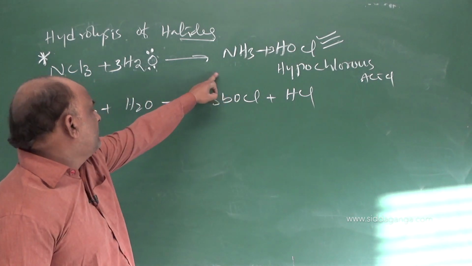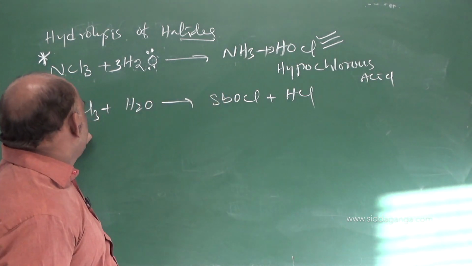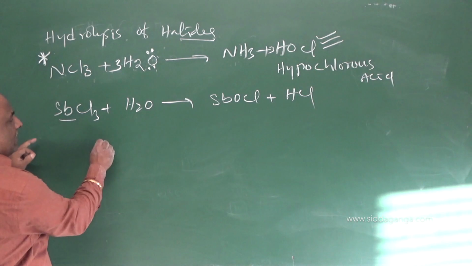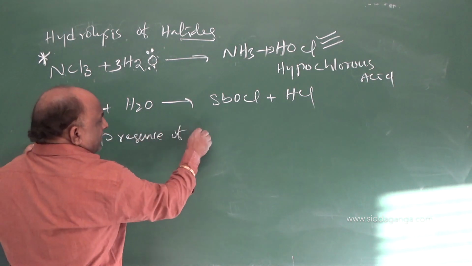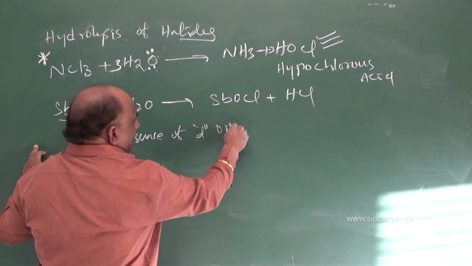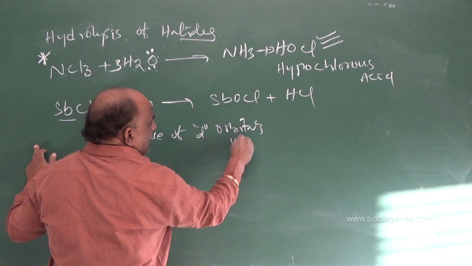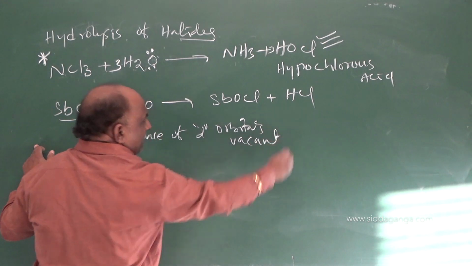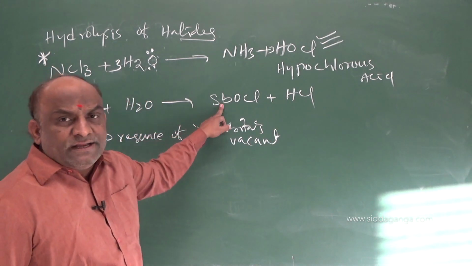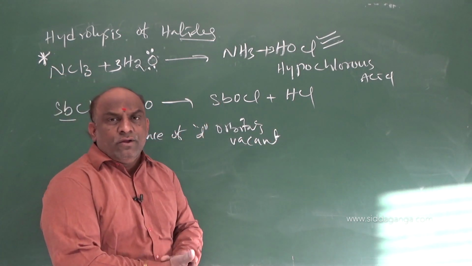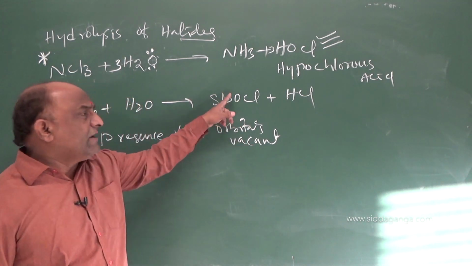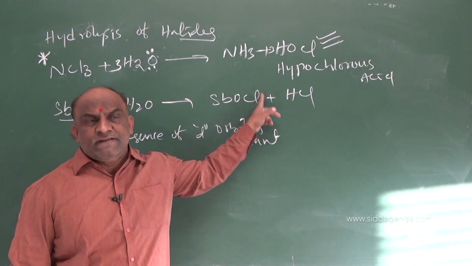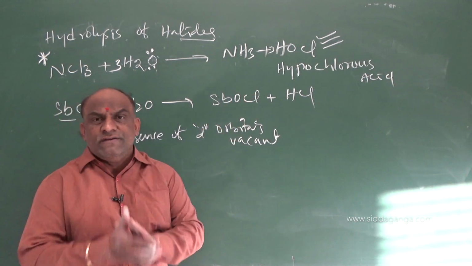Same pattern with SbCl3. In SbCl3 you already know about the presence of vacant d orbitals, but the product does not follow the PCl3 hydrolysis pattern. AsCl3 hydrolysis and BCl3 hydrolysis follow the general trend.